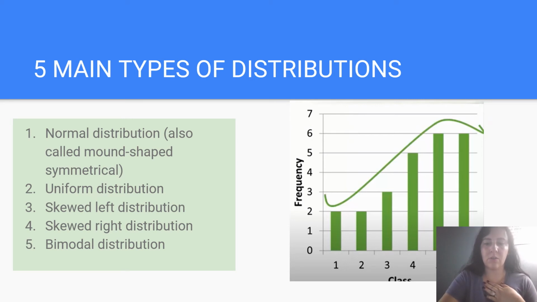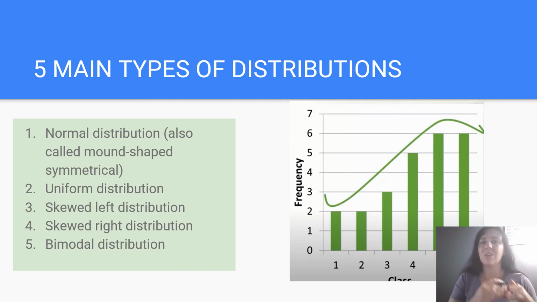Okay, so skewed, go away. All right, skewed left distribution. Skewed left and skewed right distribution is where it's going to be slanted to either side. How I want to help you remember the difference between skewed left and skewed right is that when it says skewed, they're talking about the shorter end of the distribution.